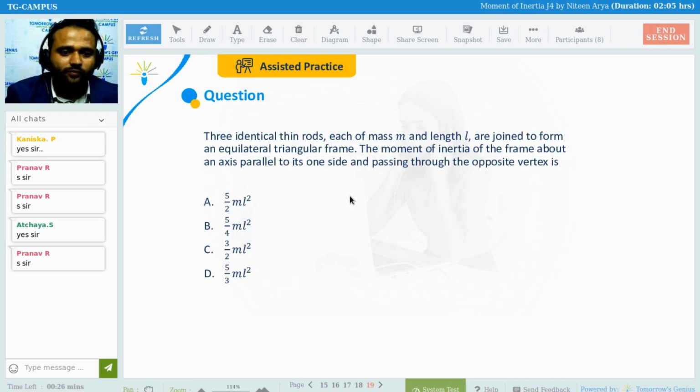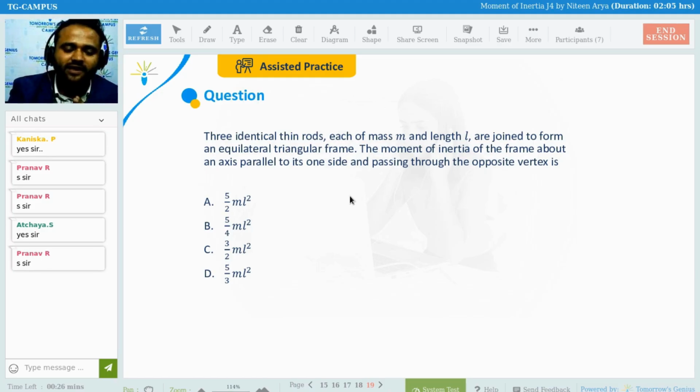So you can tell me the moment of inertia for this kind of thing. Do that. Or should I discuss this thing? Because I think you can take time. Okay, two of the questions I can discuss and then you can focus on this.